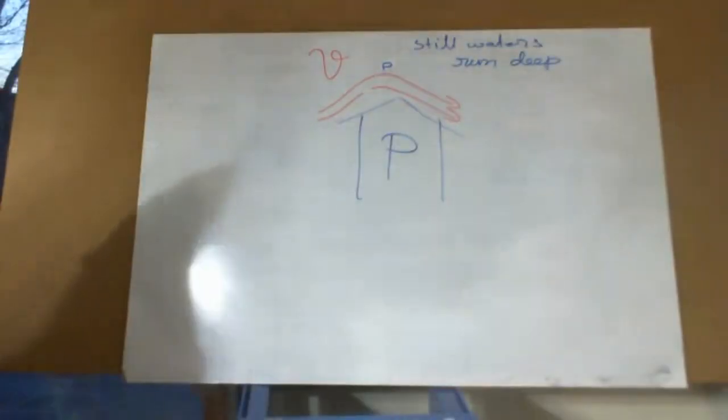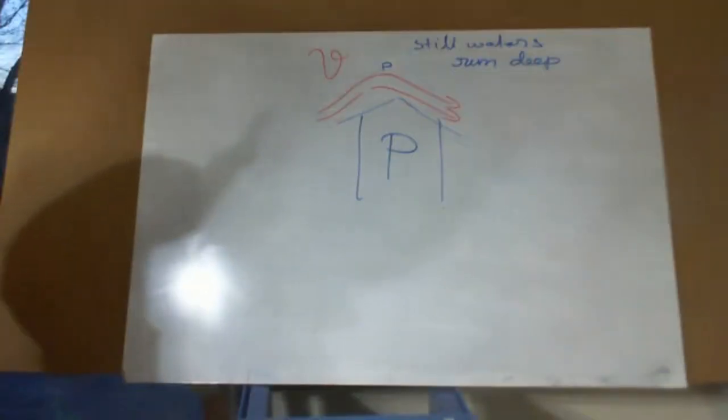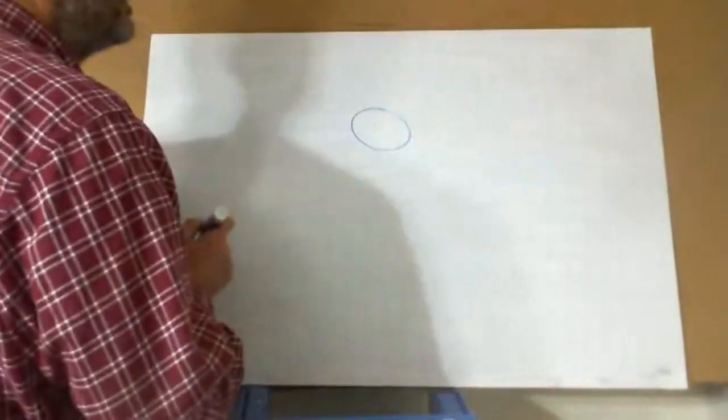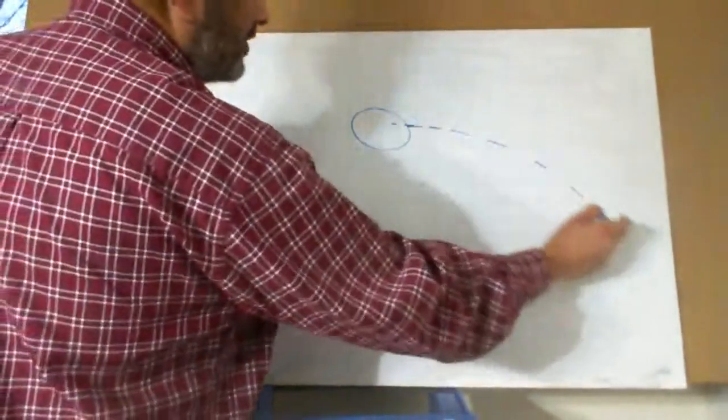Okay, so that's one example of Archimedes' principle. Other examples are, if you take a ball and throw it, it takes this path.